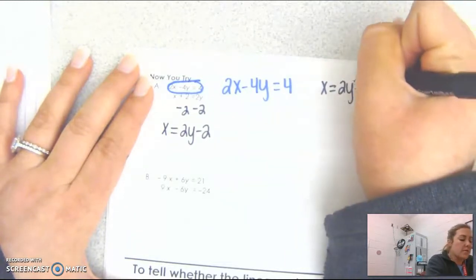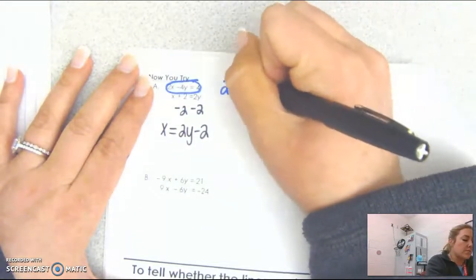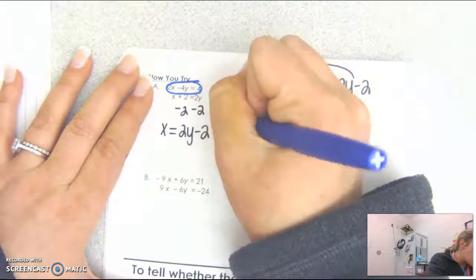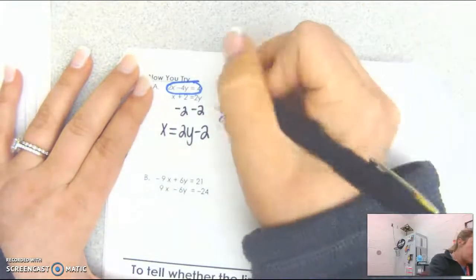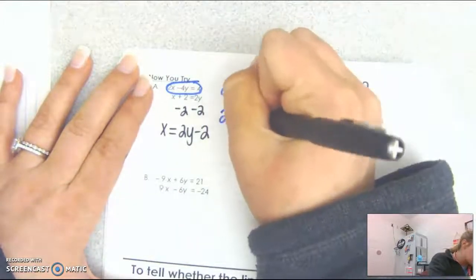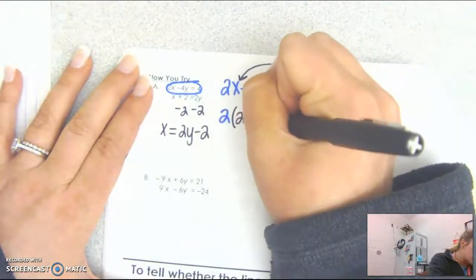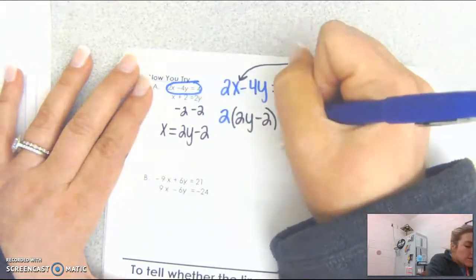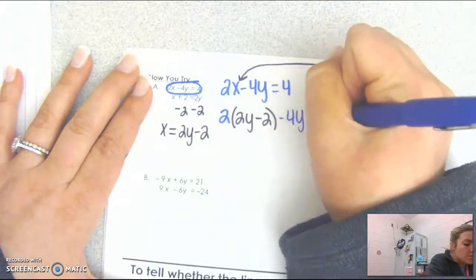So I'm going to take what x equals and plug it in for x in my first equation. So I have 2, instead of x, I'm going to write 2y minus 2, then minus 4y equals 4.